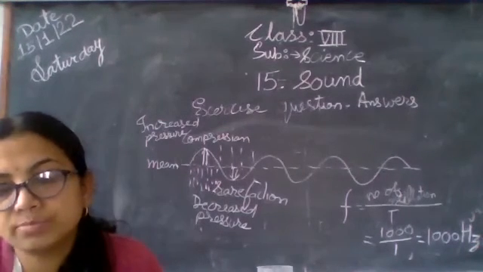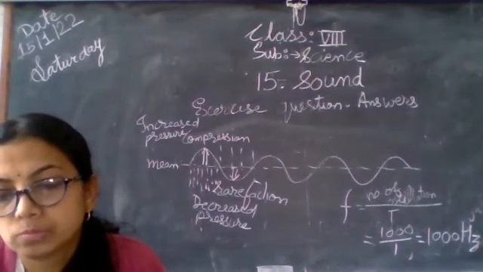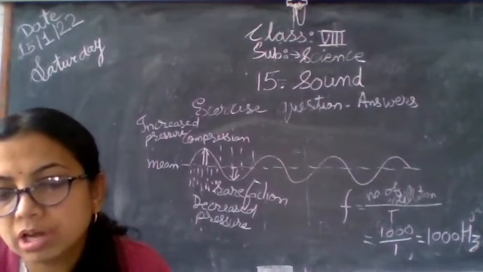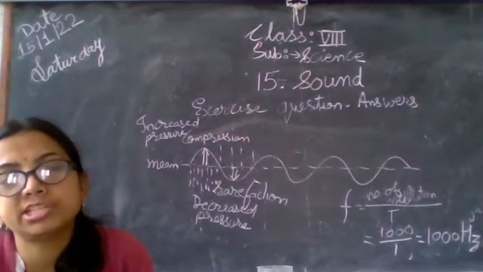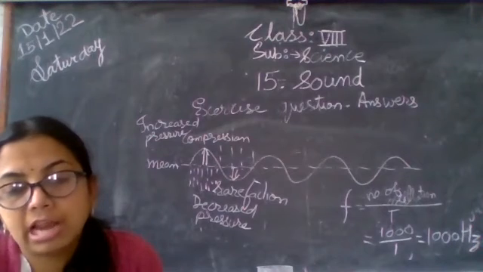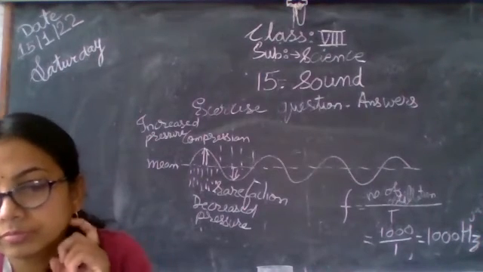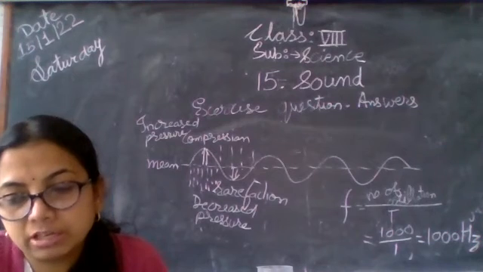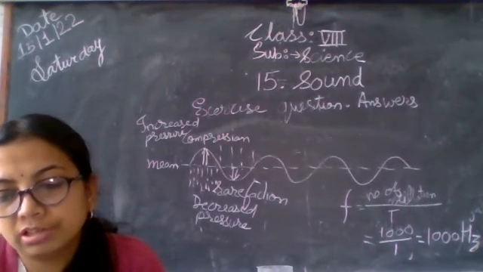Now question 6, you have to match the following. Human larynx: here vibration in the vocal cord is seen. In the loudspeaker, vibration of the screen of the speaker is seen.